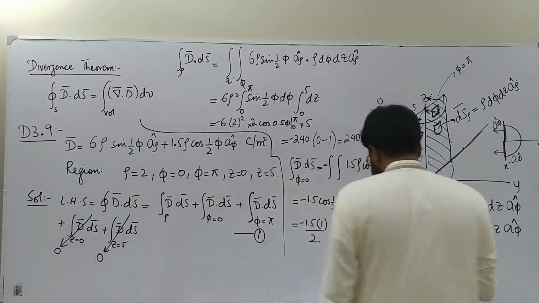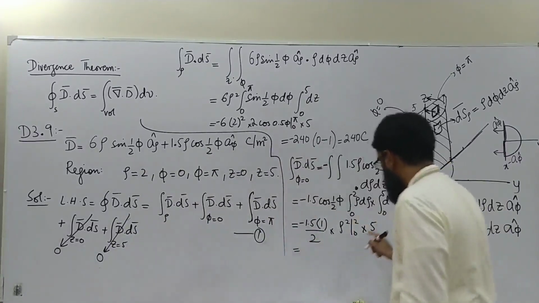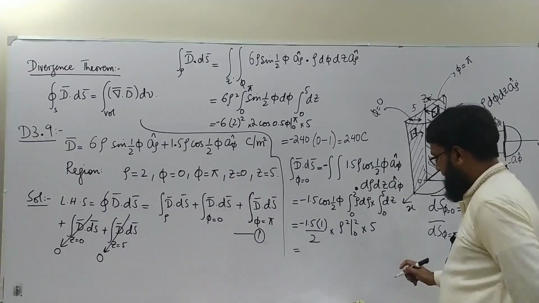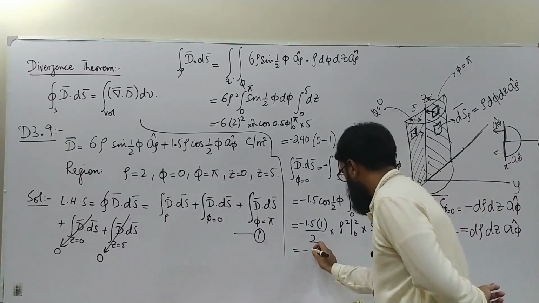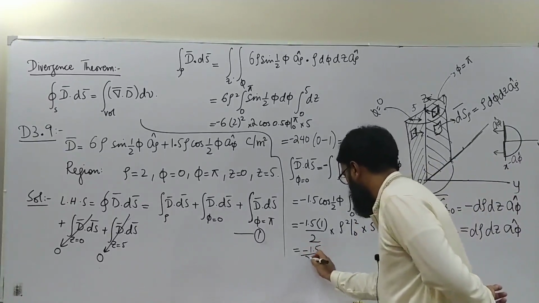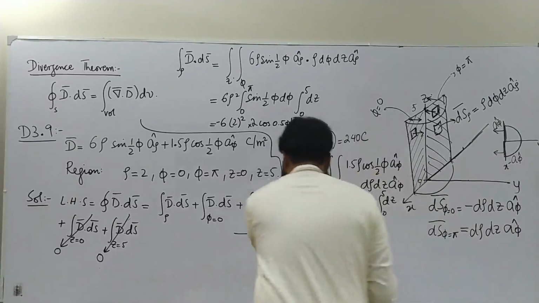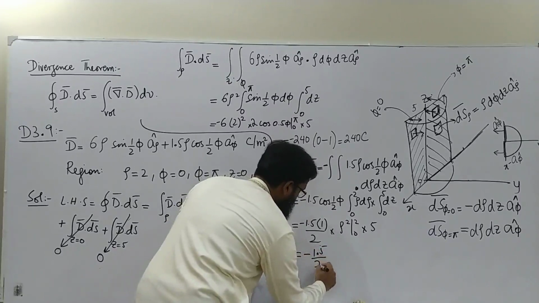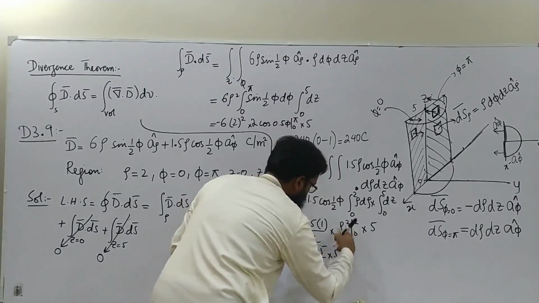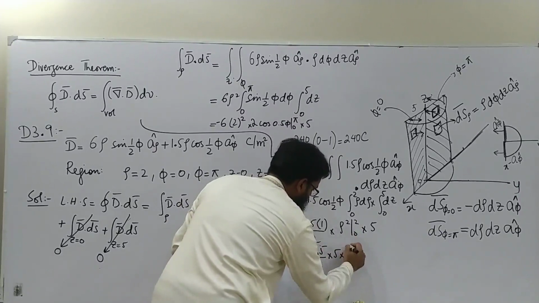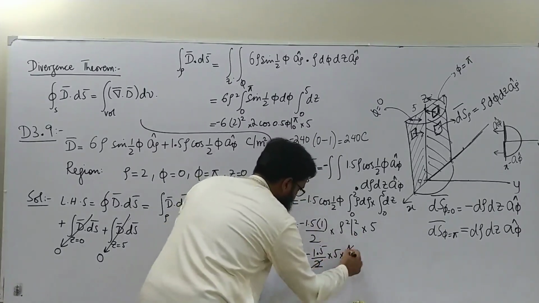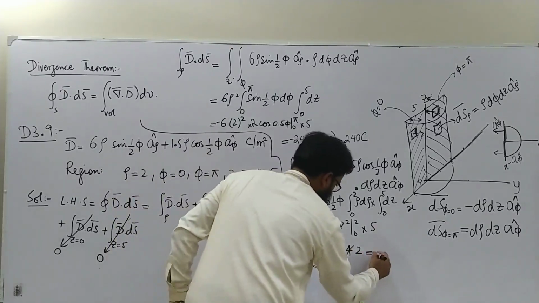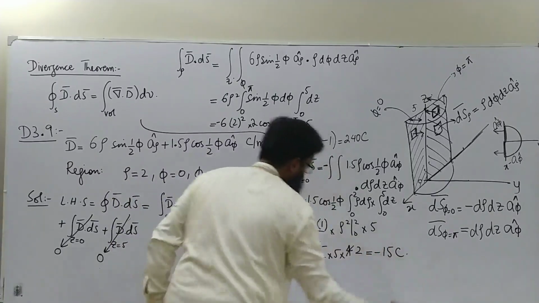So minus 1.5 upon 2, multiply by 5, 2 twos are 4. So cancel it. What will be left? 15, so minus 15 coulombs.